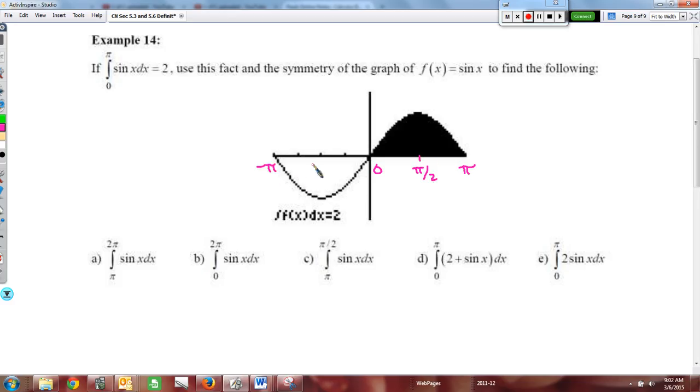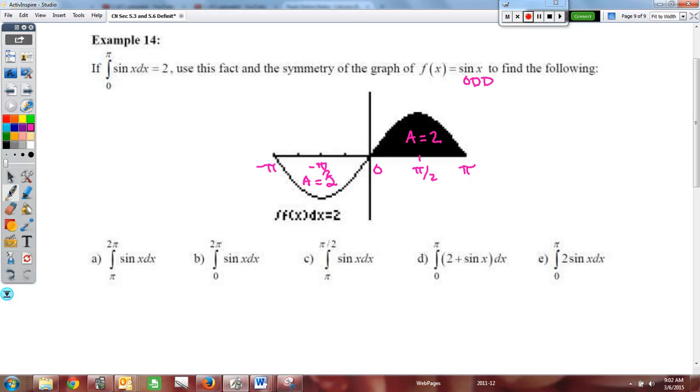Here's pi over 2, this would be negative pi over 2, and so on, that this area right here has an area of 2. And we know that the sine function is an odd function, so that it is symmetric over the origin, so we pretty much know that the area over here is 2 also. So we'll keep that in mind, and we'll start calculating some of these integrals that we have below.